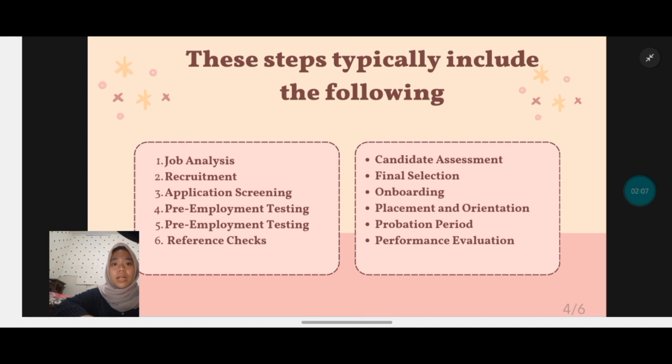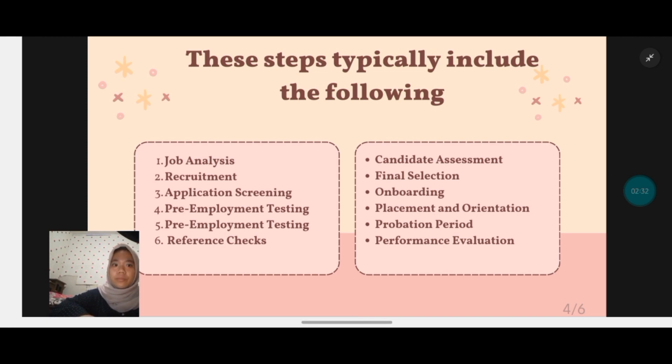Number 1, job analysis. Job analysis is the first step in the selection and placement process. You need to conduct a thorough job analysis. This involves defining the roles and responsibilities of the position, as well as the skills, qualifications, and competencies required for success in the role.